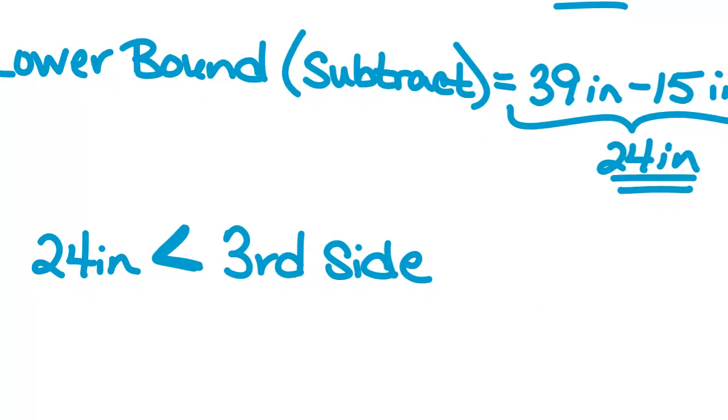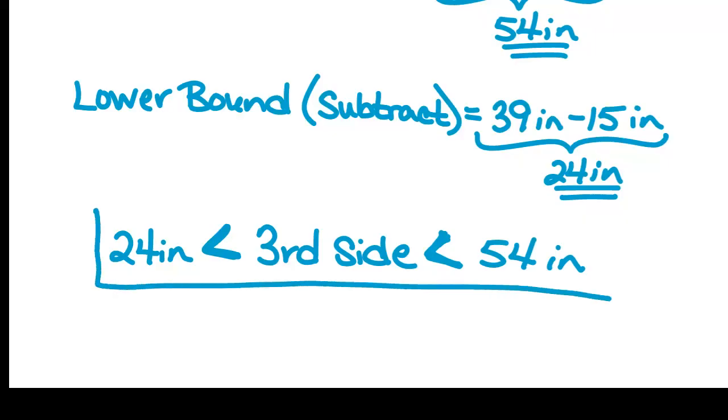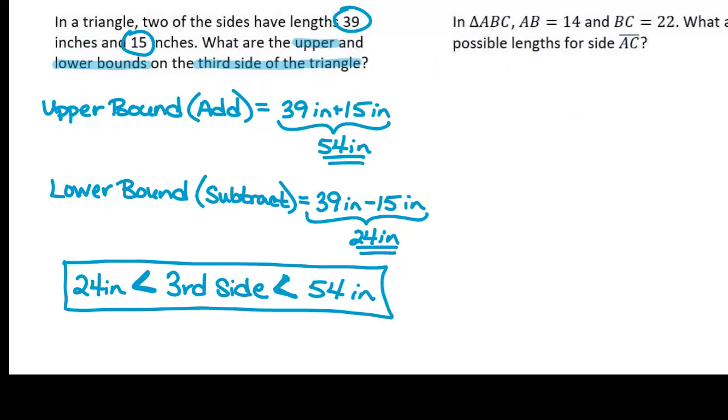But it also has to be smaller than my upper boundary, which is 54 inches. So 24 inches is smaller than the third side. 54 inches is bigger than the third side. When I write my compound inequality like this, it says the third side is in the middle or in between 24 and 54.